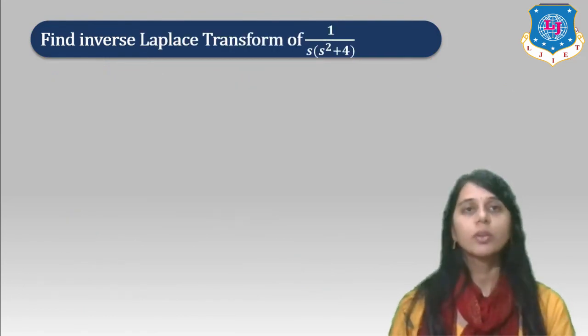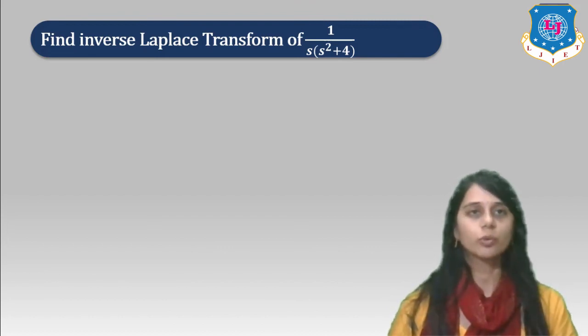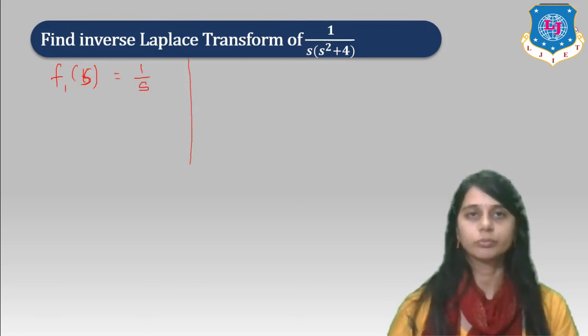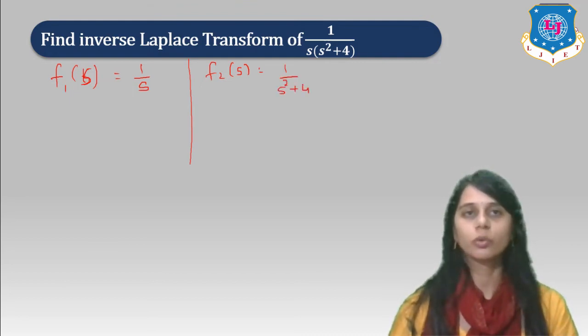Next example: find the inverse Laplace transform of 1 upon s(s square plus 4). F1(s) is 1 upon s, F2(s) is 1 upon s square plus 4.